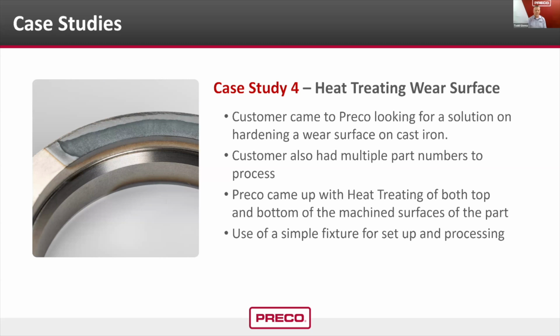And there is a small overlap where we'll have it tempered back some, but other than that, we can pretty much do the targeted area of whatever the print calls out, as long as we have certain characteristics met for the part.